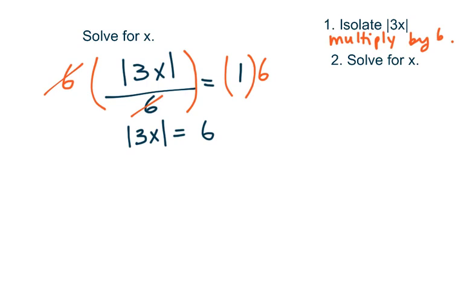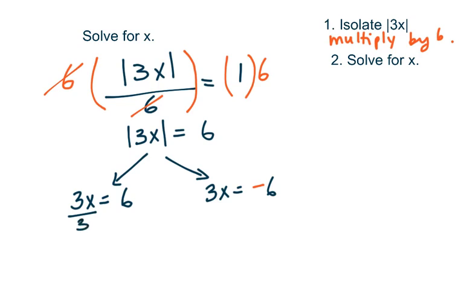Now, what I like to do is strip away the absolute value sign and look at what's inside the absolute value and realize that 3x could equal a positive 6, or 3x could equal a negative 6. Once I do that, now all I need to do is solve for x.